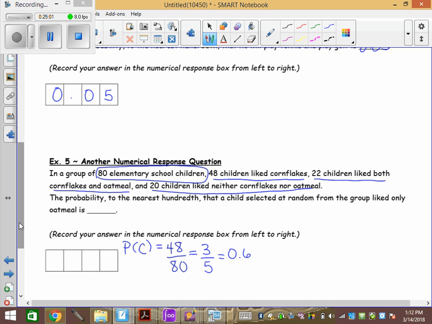I will take both right now because the decimal actually stopped. If the decimal kept going, you can't round until the very last step, correct? You'd have to keep a fraction then. Now let's fill out the rest. Probability they liked cornflakes and oatmeal would be 22 out of 80. What's 22 divided by 80?